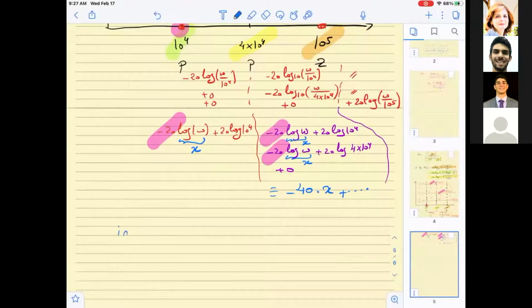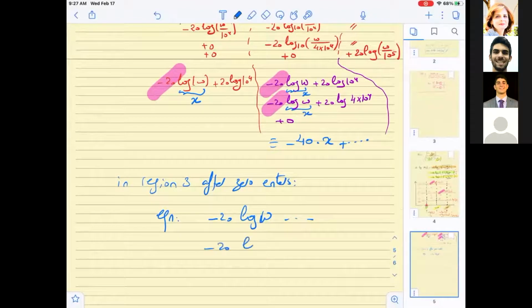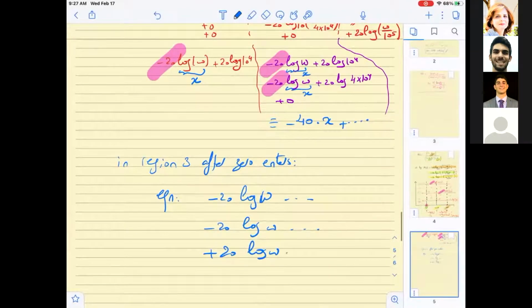In region 3, after the 0 enters, my equation will become minus 20 log omega plus some constant, minus 20 log omega plus some constant, and then from the 0, plus 20 log omega plus some constant. These are constants here.